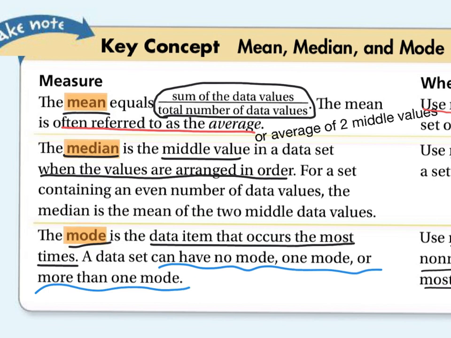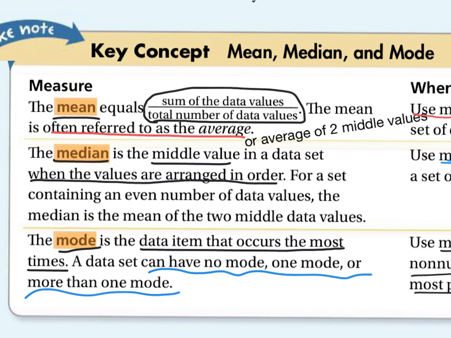The median is the middle value or the average of two middle values when the values are arranged in order. So first thing would be put the numbers in order, say from least to greatest, and then you can find the middle number, or if you have two middle numbers, you'll just average those out.